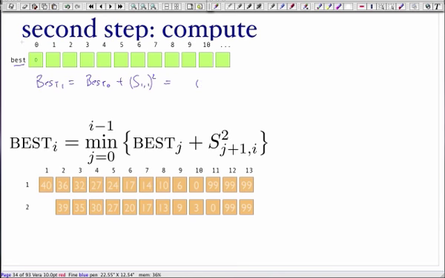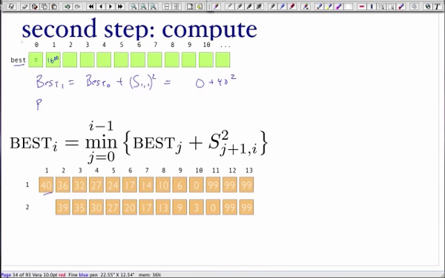And so that's going to be 0 plus 40 squared, or 1600. Right? So what this says is, if you had one word to typeset, it was the best of times. So if you just had to typeset it, the penalty would be 1600. That's the best way to do it.